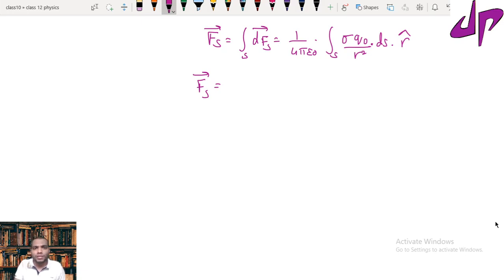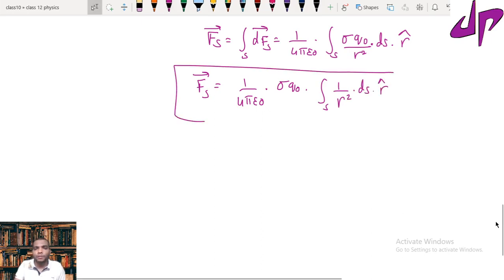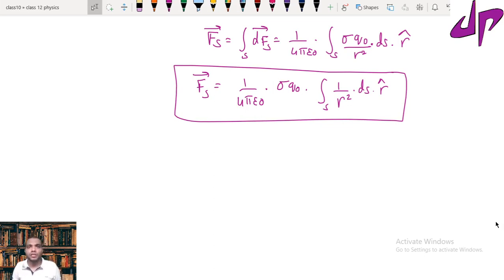I would like to pull sigma and q naught outside since they are both constants: sigma q naught times the surface integral of 1 over r square ds, finally r cap. So r cap is the unit vector, and this is the net force due to the surface at that given point.